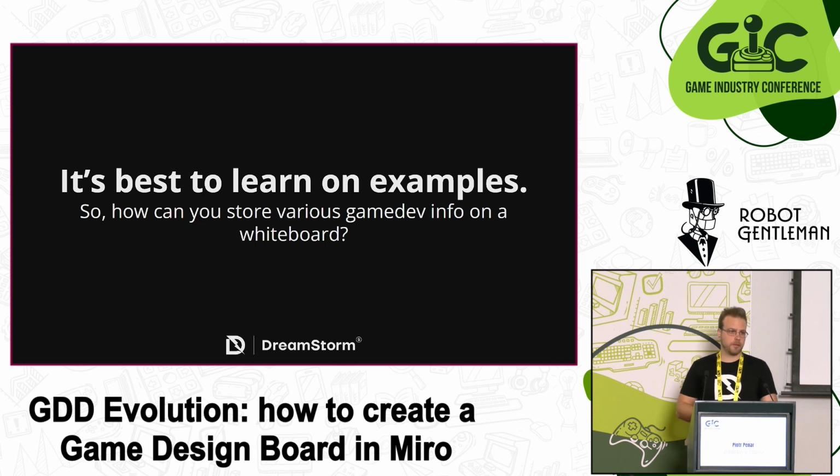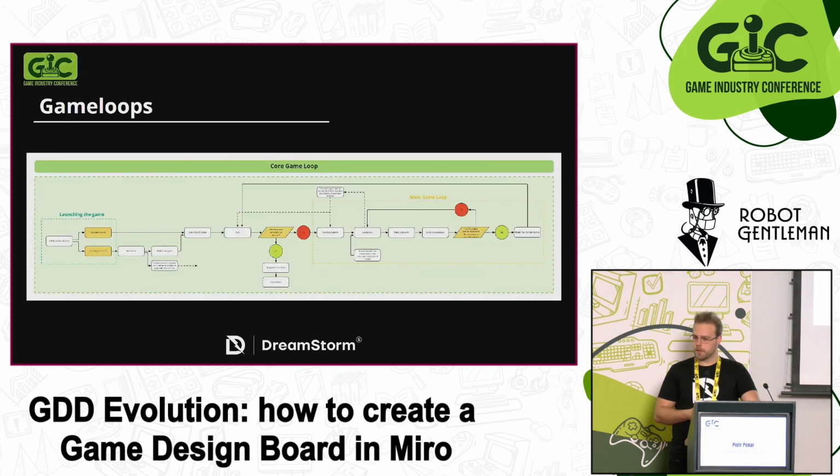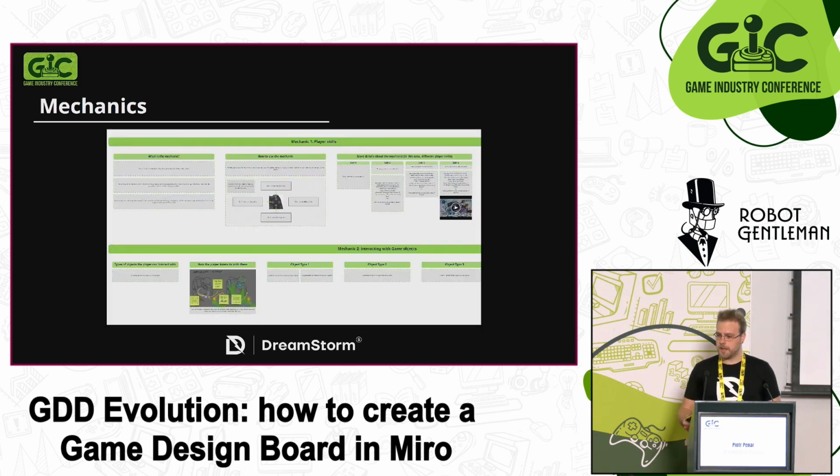It's best to learn from examples. So here we have a couple of examples of different parts of the game that we have in our board. Starting with the basic core game loop, it's very easy to create in Miro. It's also easy to create in other tools, but here we have the whole package. Then mechanics, together with the details on which button on the pad does what, how we want the mechanics to work, and what references we want to add.